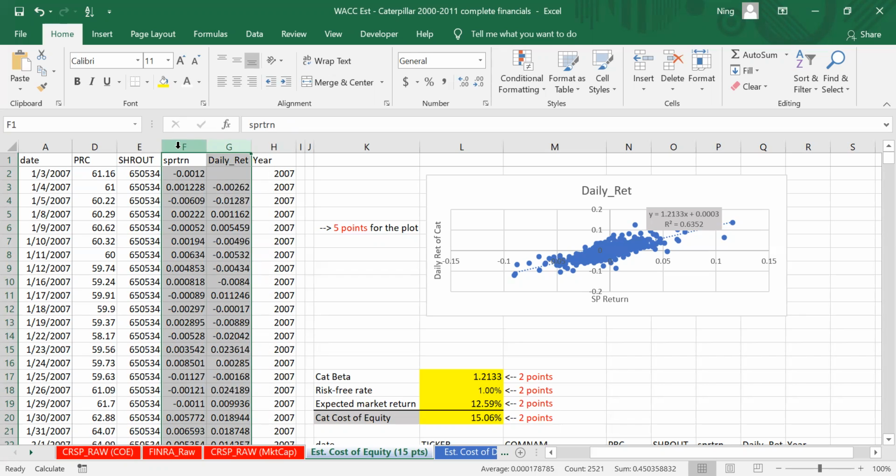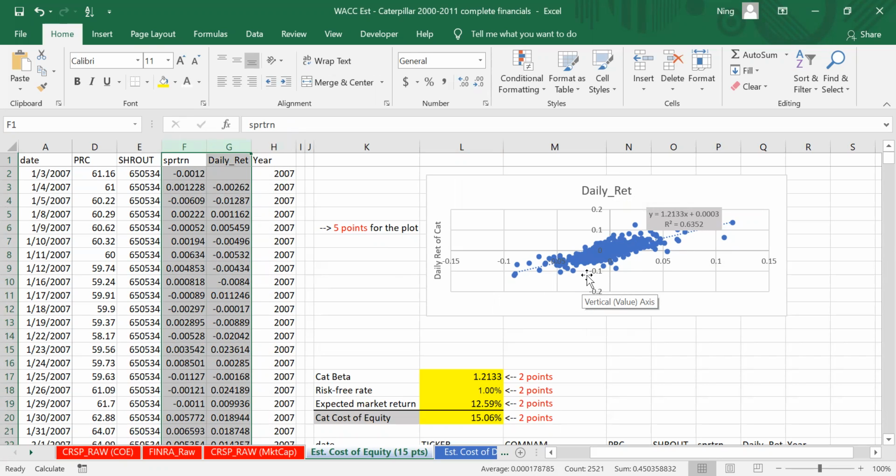The first way is simply to plot a scatter plot between these two columns. In this scatter plot, the horizontal axis is S&P return, and the vertical axis is the daily return of Caterpillar. Once you plot a scatter plot, the next task is to estimate a trend line based on this scatter plot.